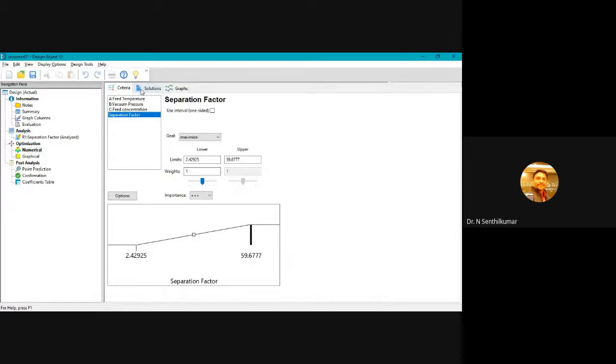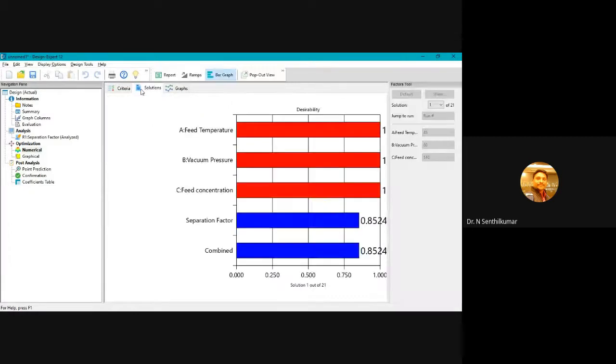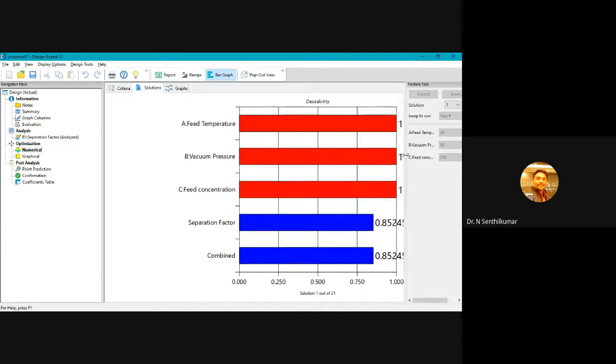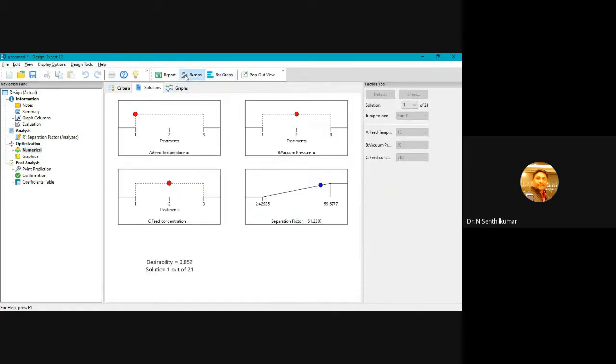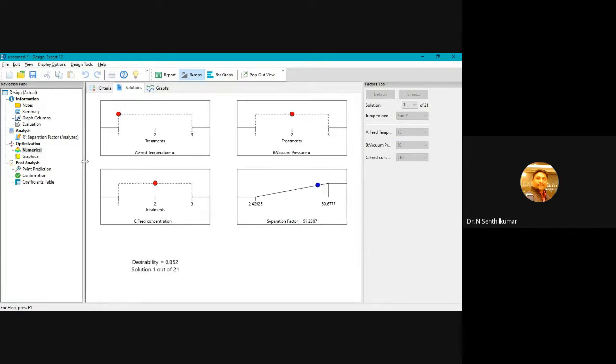Then I am going with the solution. You can see this. The solution and all, we can see. Okay, so what is the optimum condition? In the ramp plot, it can be determined. So the feed temperature is 45, I hope so.